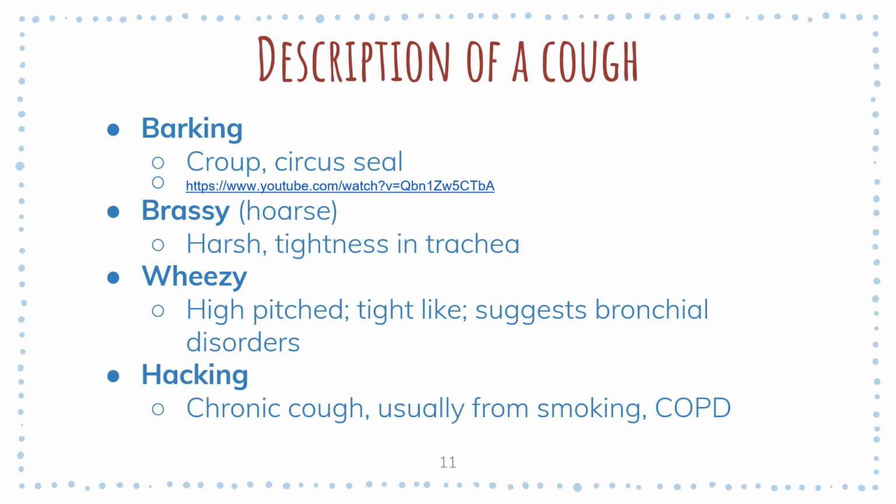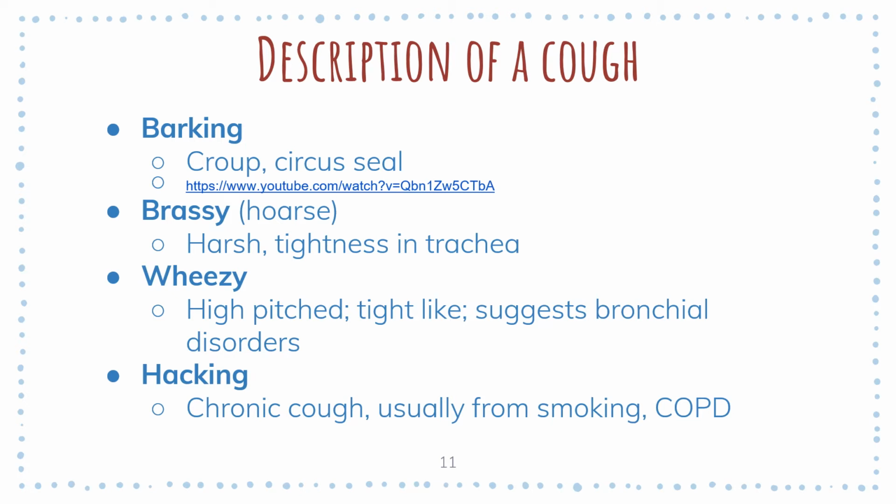All right, other descriptions of coughing can include a barking cough. If you click on this little video link here, you'll see an example of a child that has croup. It has a circus seal kind of bark to it. It's often accompanied with stridor, a sound that's generally made on inspiration, like that.